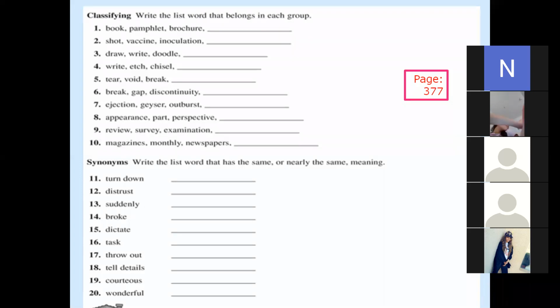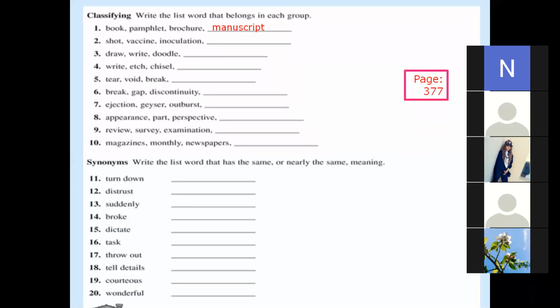Okay, now I need you to open your book, page 377. Rest of the class, try to participate with me, please. Now write the list words that belong in each group. Book. Manuscript. Very good.